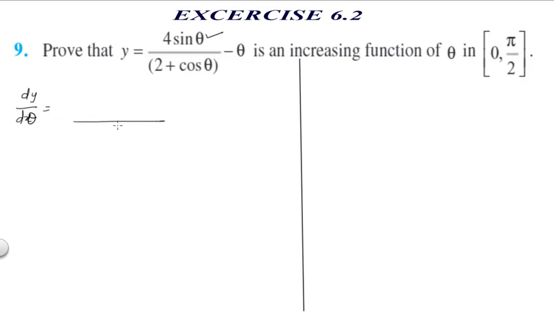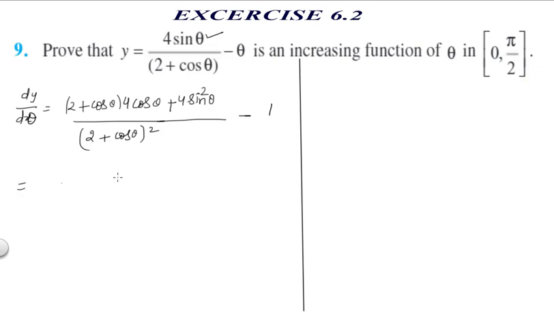So doing that, we will get 2 plus cos theta whole square, 2 plus cos theta as it is. Differentiation of 4 sin theta will be 4 cos theta, minus 4 sin theta as it is. Differentiation of 2 plus cos theta: 2 differentiates to 0 and cos theta gives minus sin theta, so it will become plus 4 sin square theta, minus 1.